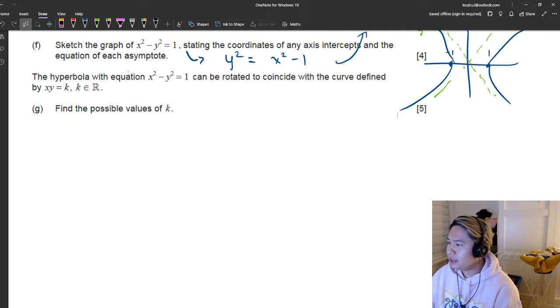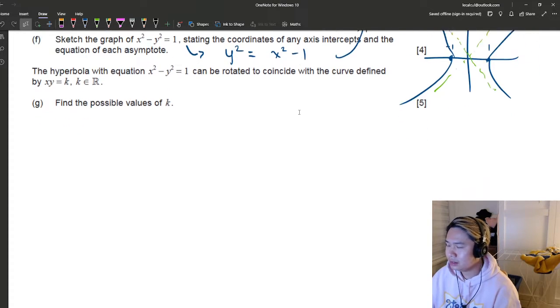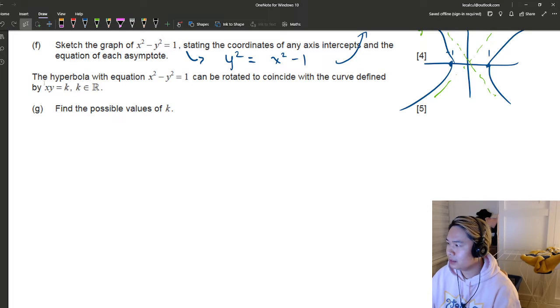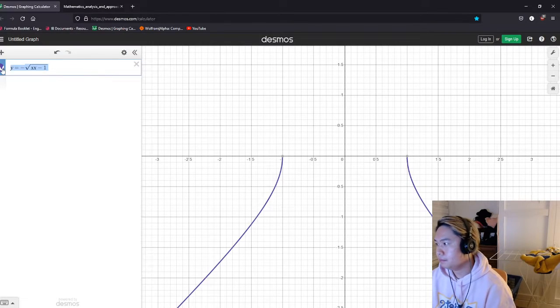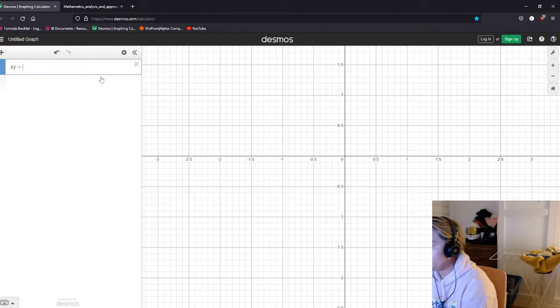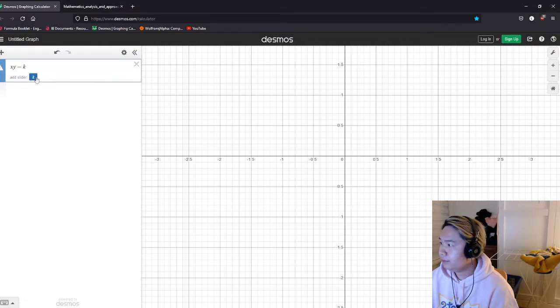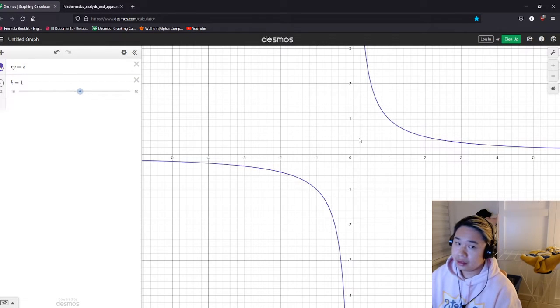So the hyperbola can be rotated to coincide, meaning you turn it and it overlaps with the curve xy equals k, where k is a number. Find the possible values of k. Like I said, if you have a graphing calculator that can do relations, you'll get this graph.